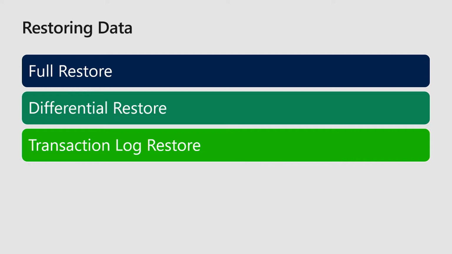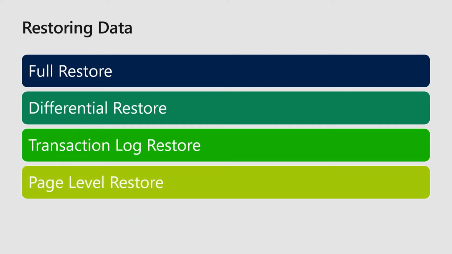Now, one of the reasons we take backups is to deal with corruption. One of the really cool things that was introduced in SQL, I want to say 2008, give or take, was the page level backup, or page level restore. What this lets me do is, if a database is corrupt, instead of restoring an entire database, I can restore just that 8K page that's corrupt. Because when we deal with corruption, we're dealing with it at a very small level. 8K, 16K, 24K, somewhere around that range is going to be what's corrupt.